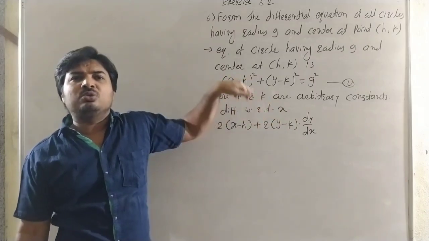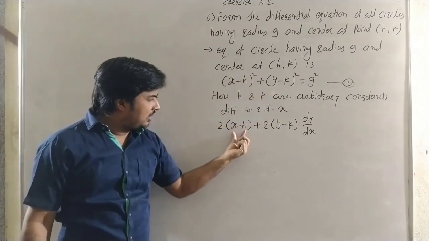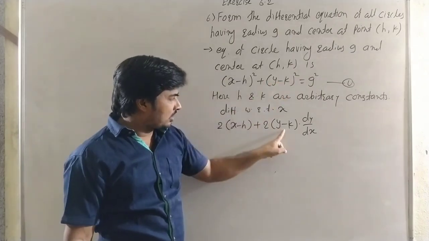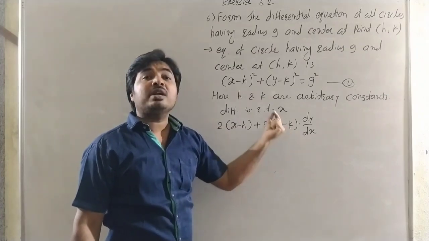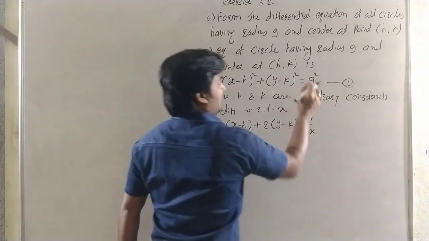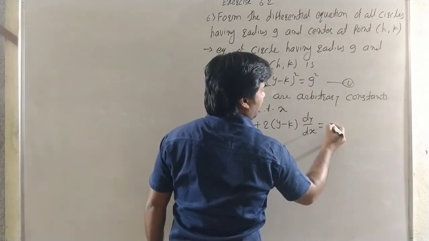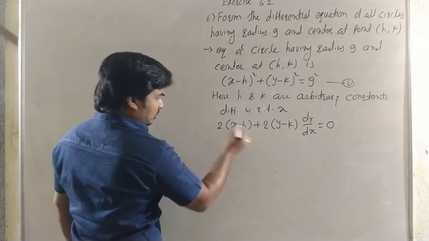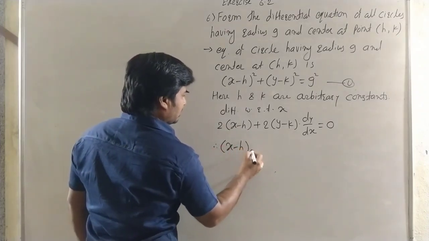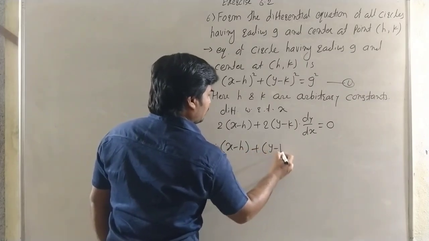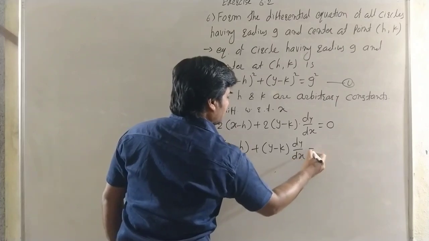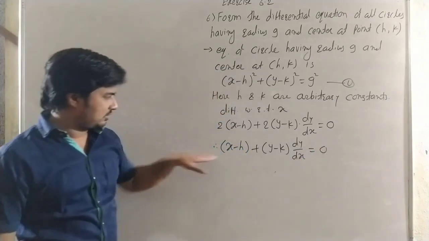Derivative of x square is 2x, and then derivative of x minus h is 1. Here derivative of x square is 2x, but here x is replaced by y minus k. So the derivative of y minus k is dy by dx, and derivative of this 9 square is 0. Okay. Then 2 take common, then we get x minus h plus y minus k dy by dx is equal to 0. See carefully this.